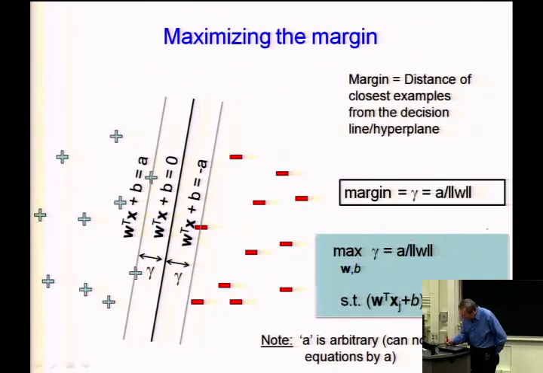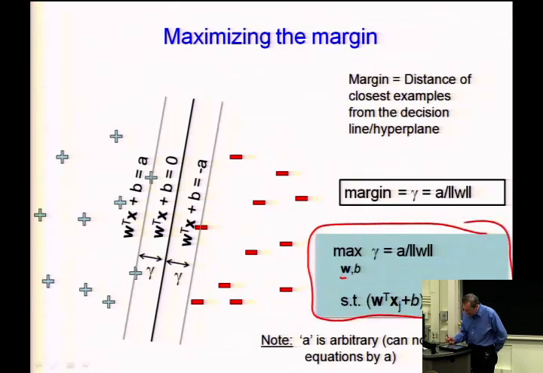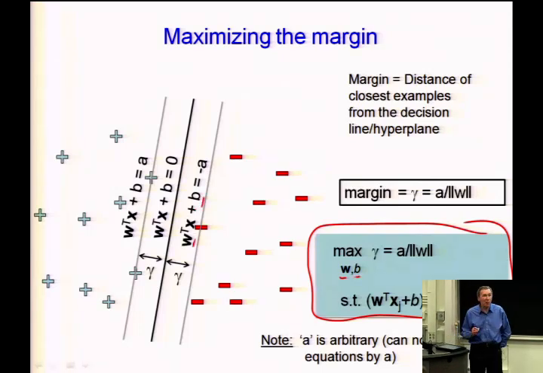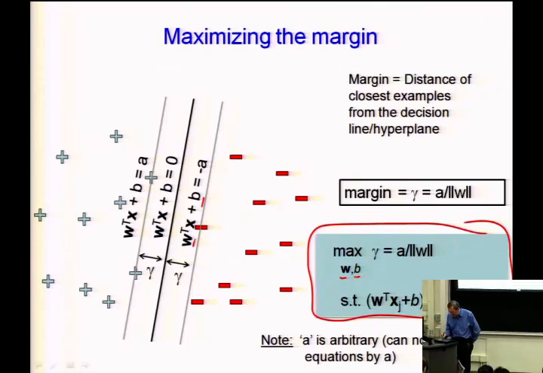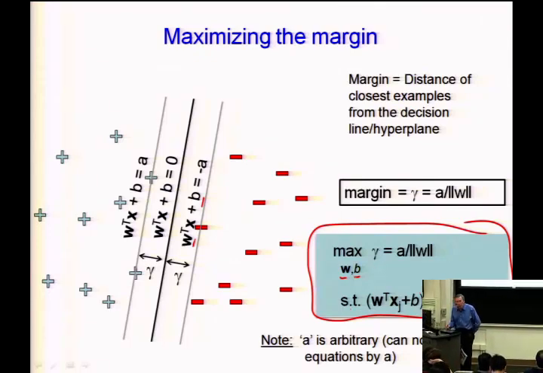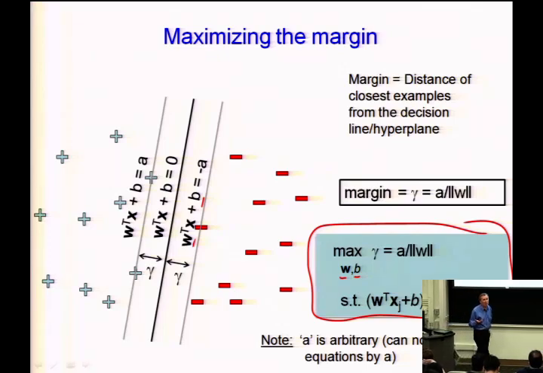So our objective is actually this: we want to choose the weight vector W and also the constant B such that we maximize that margin. We want to choose the one that maximizes gamma, but such that we classify all of our training points correctly too.